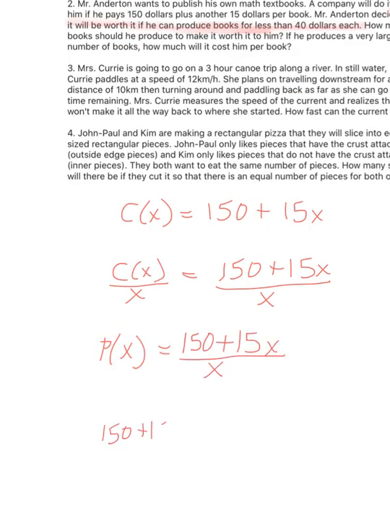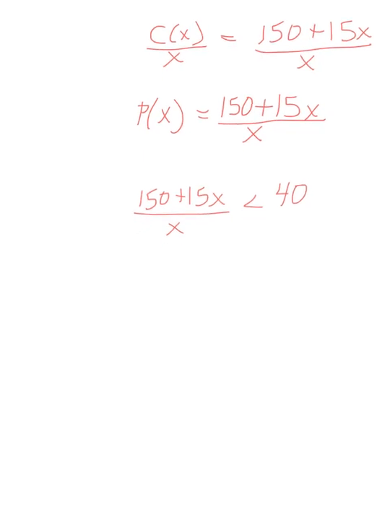150 plus 15x over x less than $40. Well, looks like we have a rational inequality. Let's solve it: (150 plus 15x) over x minus 40. We always just bring things to the other side, so this is less than 0.